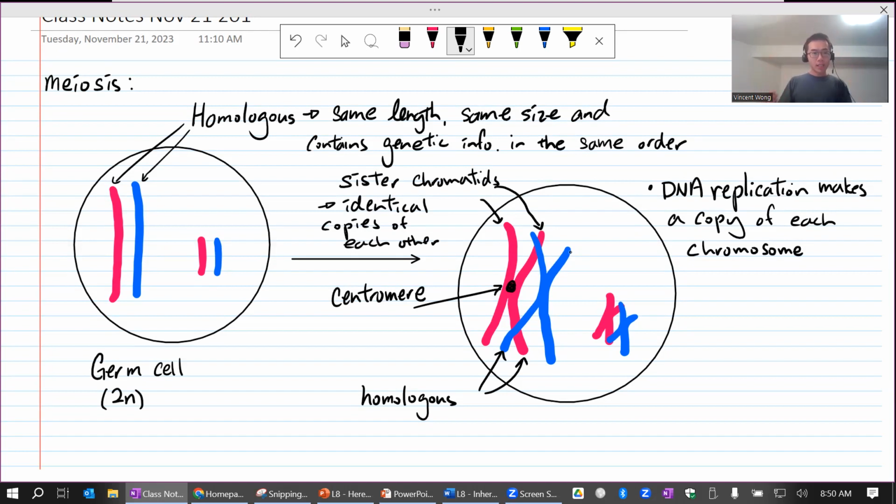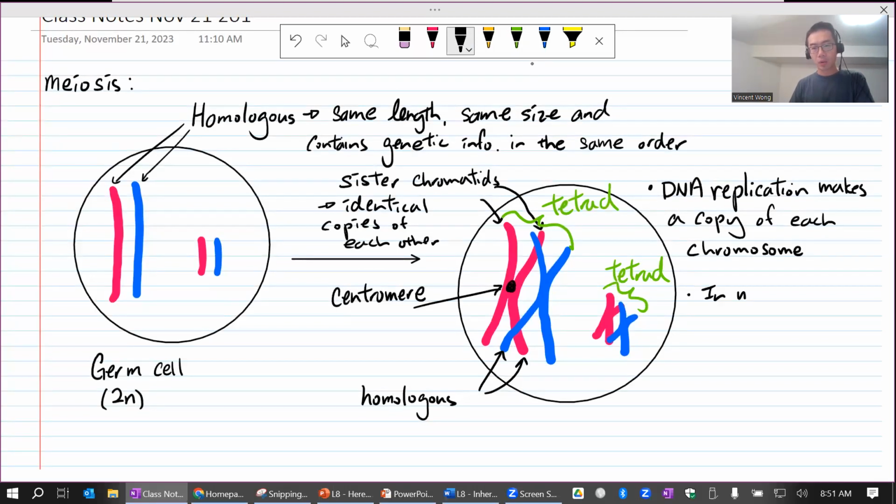However, in meiosis, which is what we're talking about, once you copy chromosome 1 from mom and chromosome 1 from dad, homologous, they will actually find each other to form this structure. Right? There are 4 pieces of chromatids here. So this whole set is called a tetrad. This whole set is also called a tetrad. Okay?